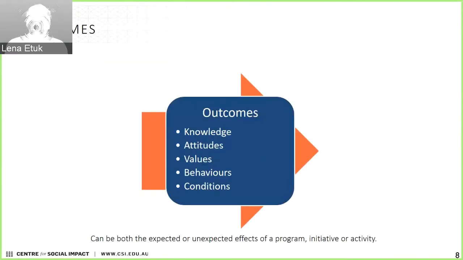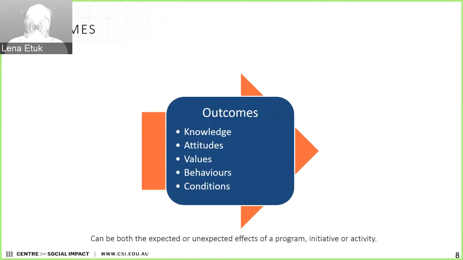Outcomes, however, are broader than outputs. They're usually a little bit harder to measure, but they do generally tend to fall in these types of outcomes categories. So outcomes can be knowledge, changes in attitudes or values, behaviors, or conditions.